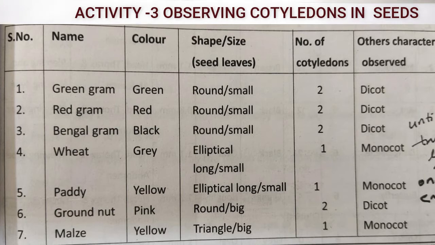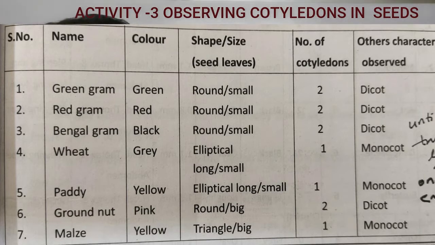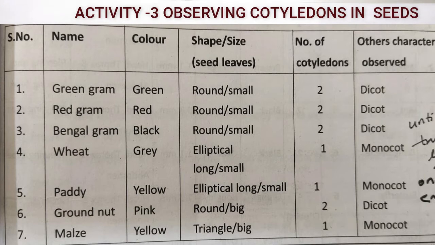These are the different kinds of shapes you can find in the seeds. Then for the number of cotyledons, some of them have 2 cotyledons and some have 1 cotyledon. And then what are the characters observed based on all this? A few of them are dicot plants and a few of them are monocot plants. So this is how you can observe the seeds.